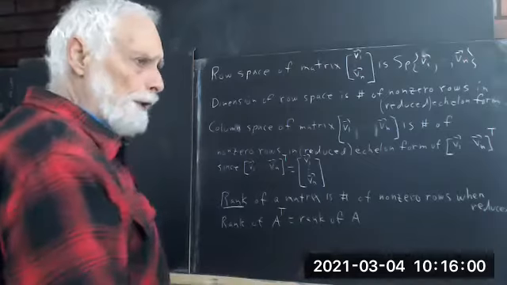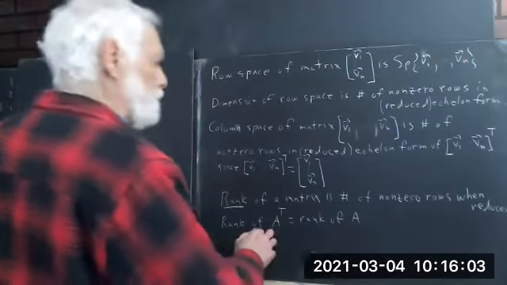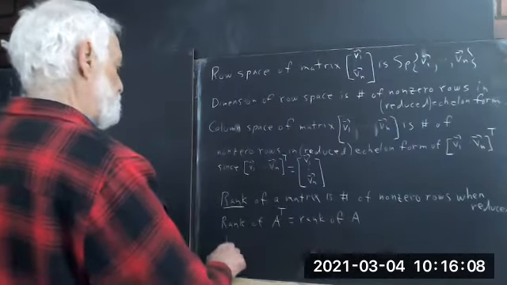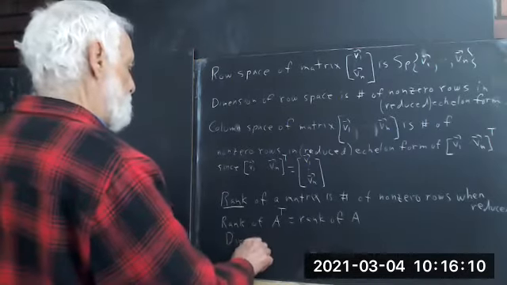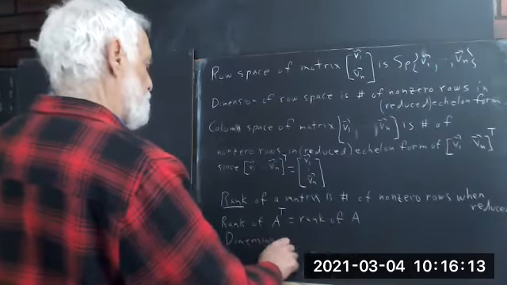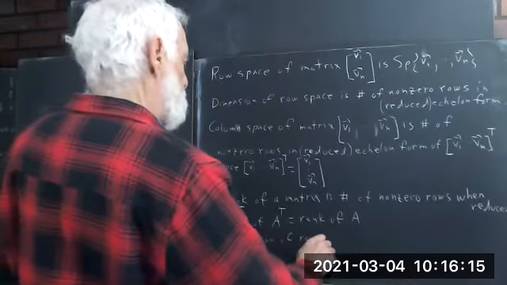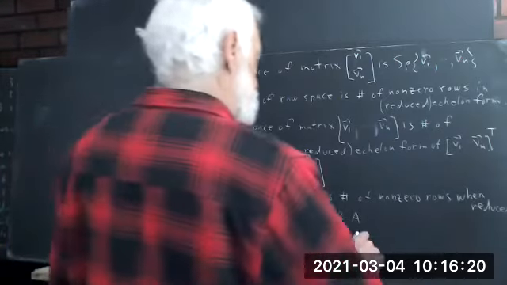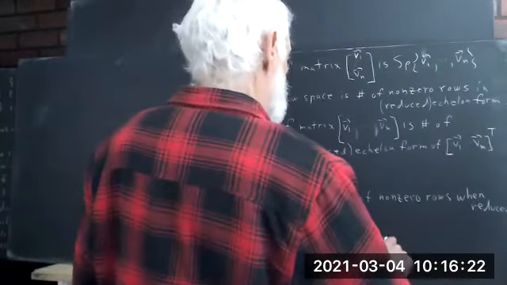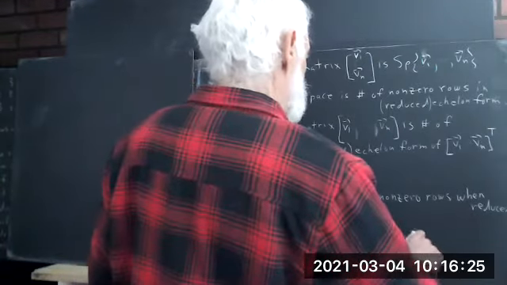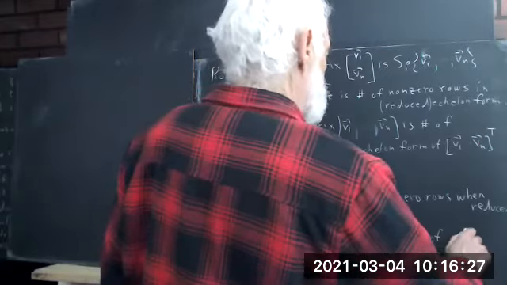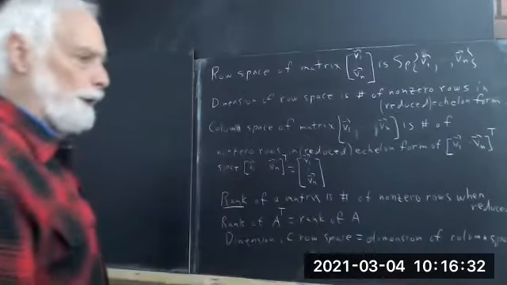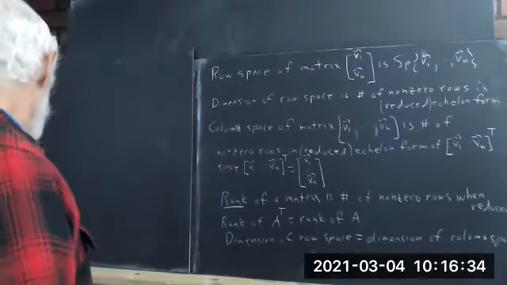And I don't want to go through the details of that for sake of time. Okay, so the rank of the transpose is the rank of the matrix. And as a result, the dimension of the row space is equal to the dimension of the column space.